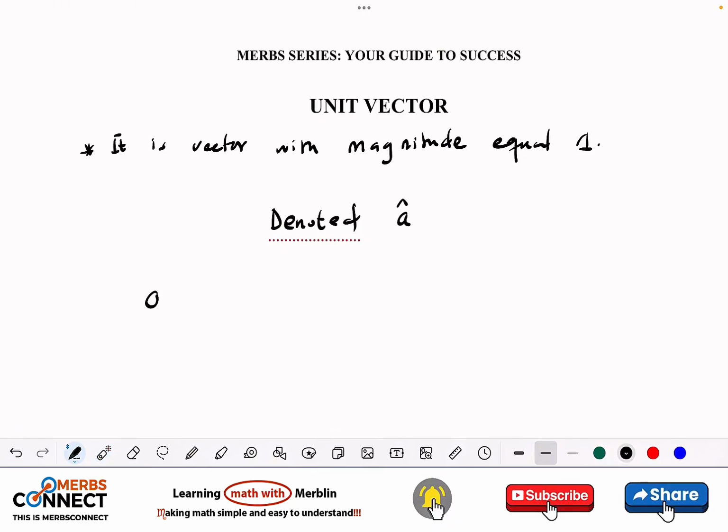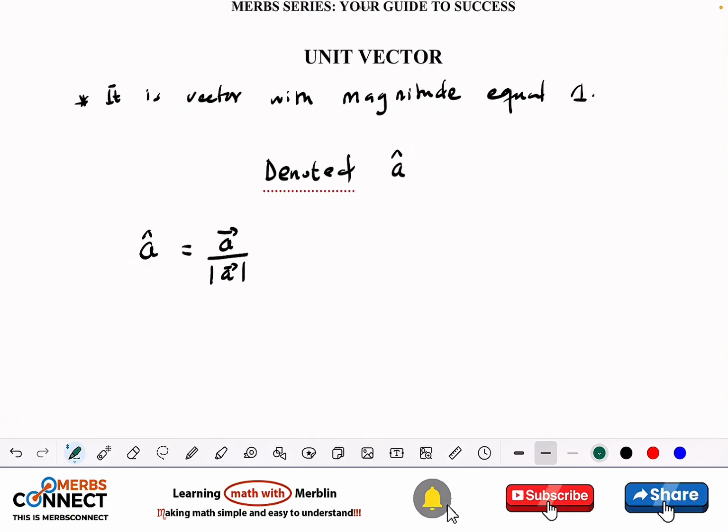The unit vector, which is A cap, is equal to the vector A divided by the magnitude of vector A, right? Here we are assuming that A is a vector. For us to make sure that this vector A is a unit vector, we need to divide it by the magnitude of that vector. That is some of the important things that you need to know here.